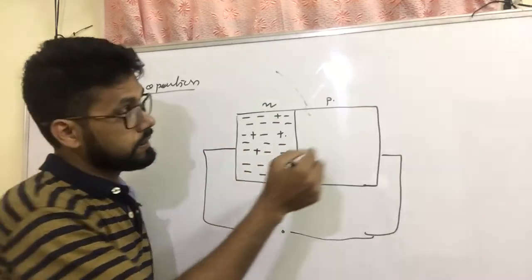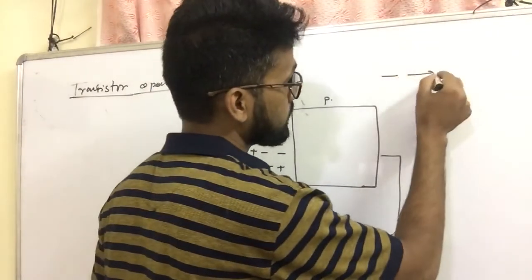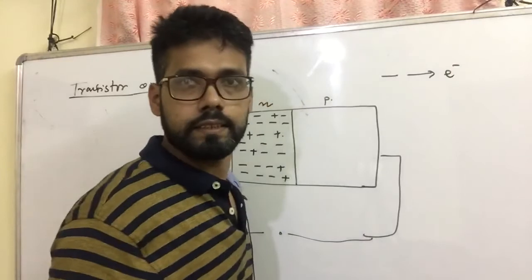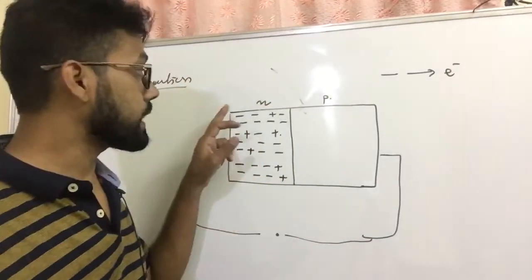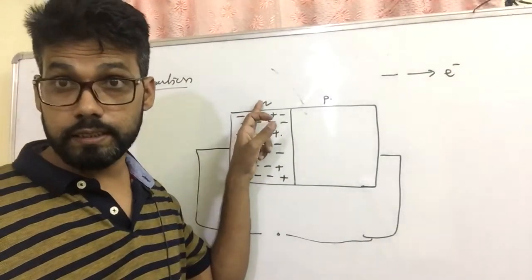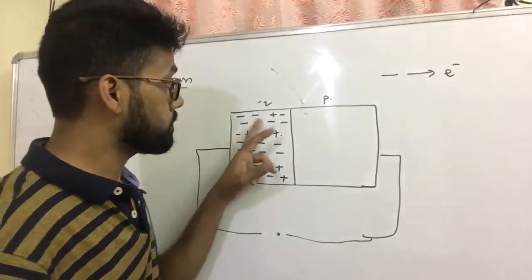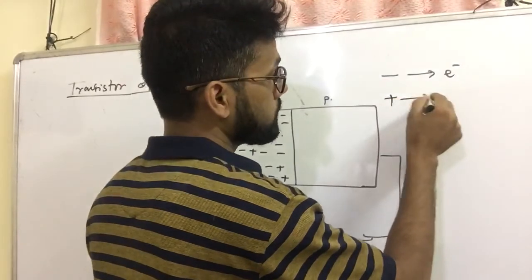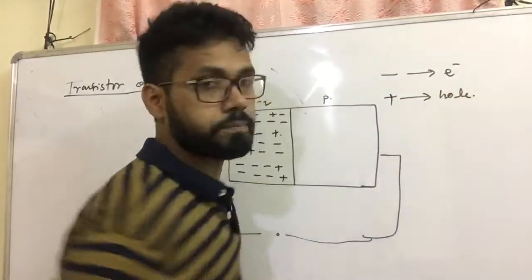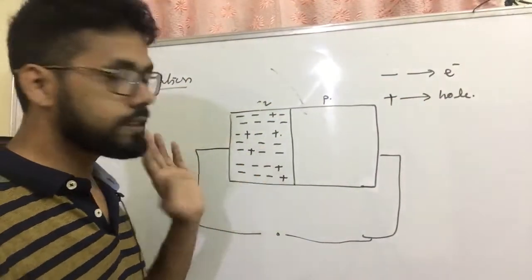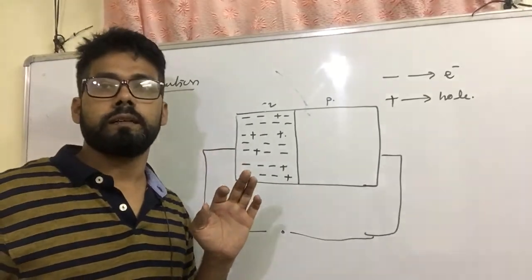So negative means electron, the majority carrier. Why is it the majority carrier? Because N side, N represents the number of electrons. The majority carrier will be negative. Plus means hole, remember. And another charge will be there. What will be there? Positive.